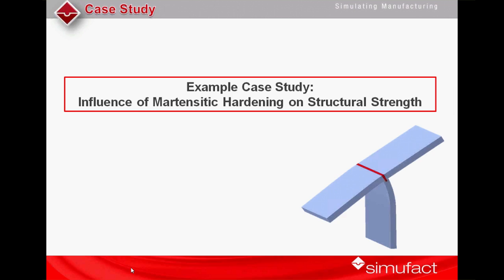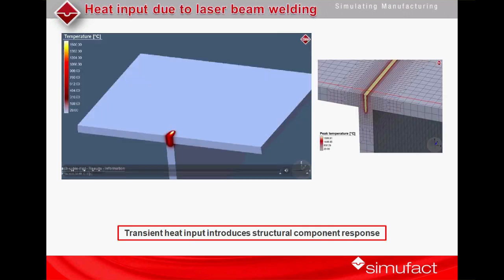The second example I want to show you is a very nice case study to study the effect of martensitic hardening on the structural strength of a weld. And this is where this Premap module comes into play. In this example, we have two thick plates that we weld together in a T-shape.